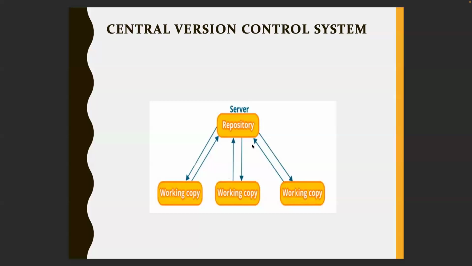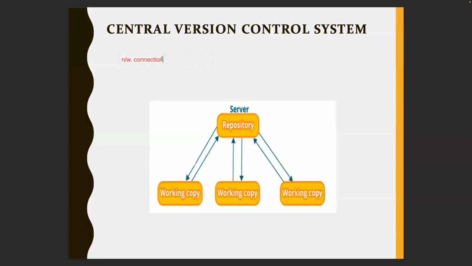So this is what a centralized version control system does. Each person will connect to the repository, get the changes, update their changes, and put it back. It's a simple architecture, but there are certain drawbacks. The first drawback is the network connection should always be there so that you can connect to the remote server.